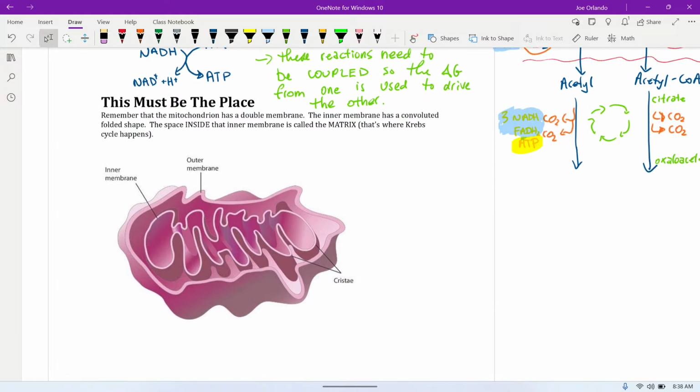So we're just going to quickly remind ourselves what this looks like a bit more schematically. Here's the mitochondrion. Here's the inner membrane. So let's just quickly remind ourselves of the names of these things. We have the inner membrane.